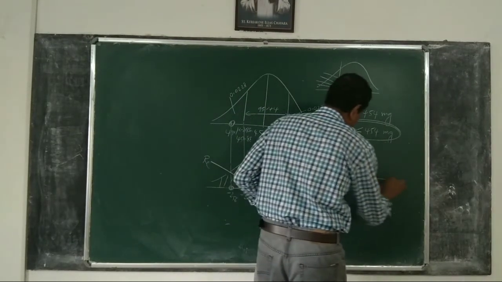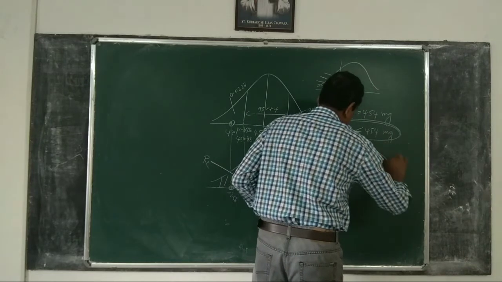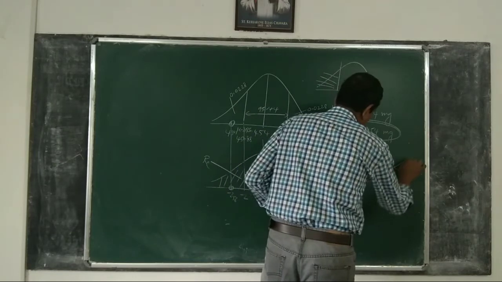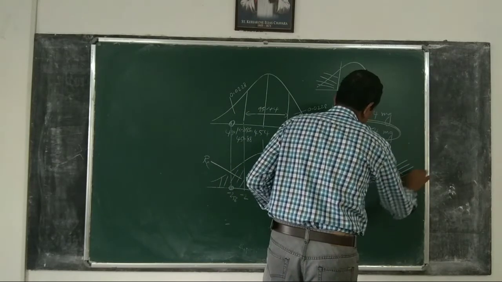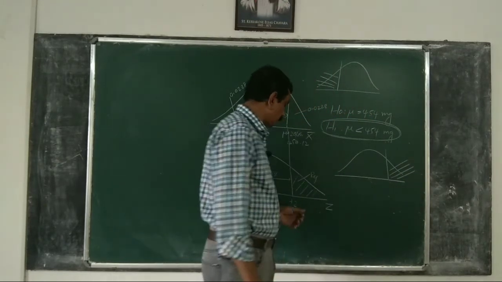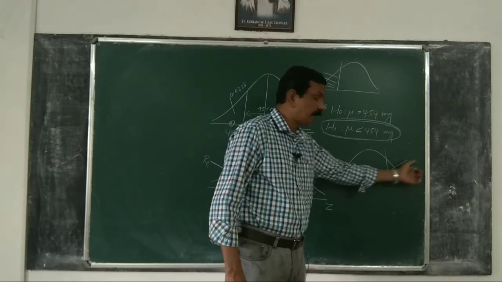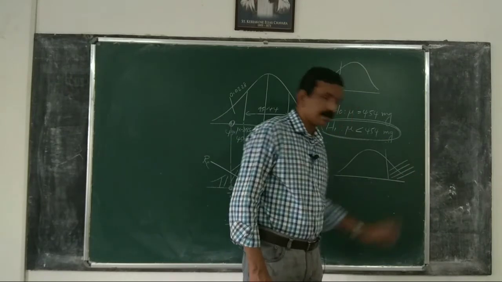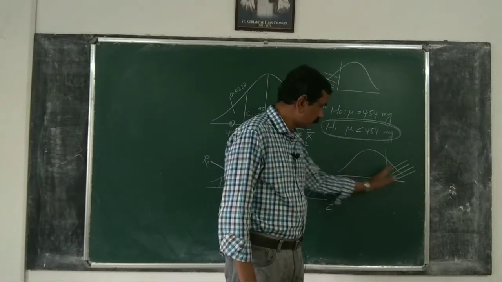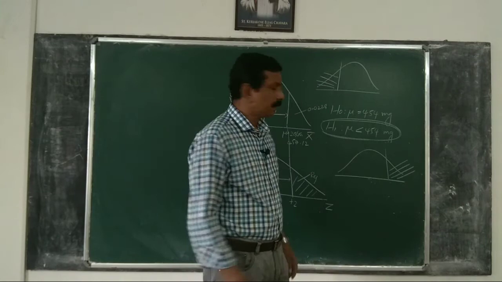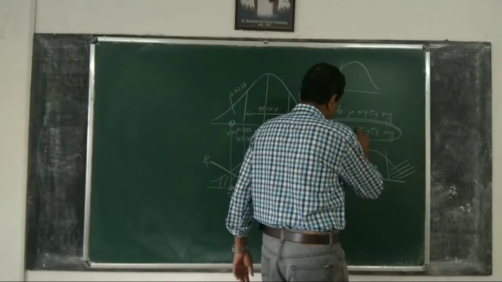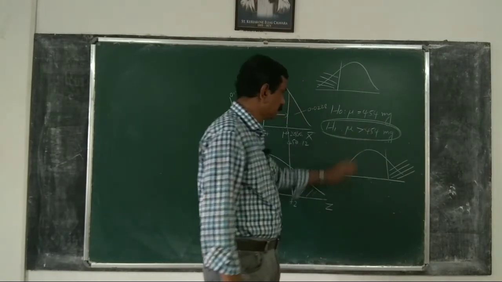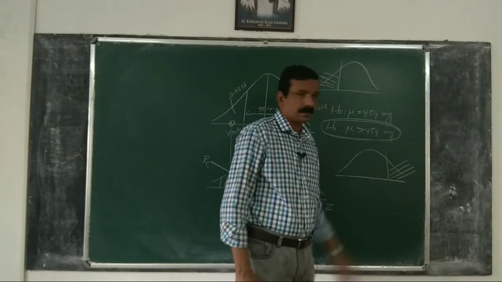Similarly, for a right-tailed test like this, we reject H0 if the value of the test statistic is too high. The rejection region is on the right side, and we call this the right-tailed test. The right-tailed test is used if the alternative hypothesis is mu greater than 454.